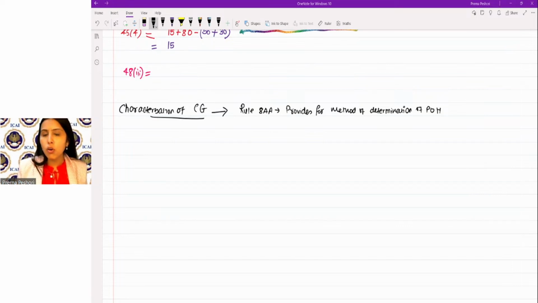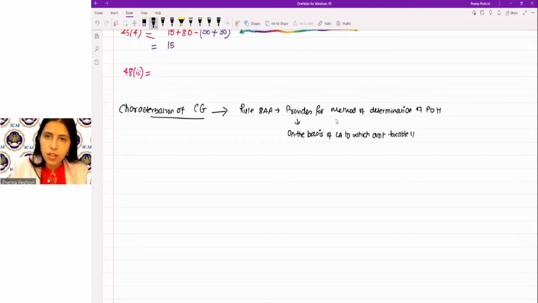This is on the basis of the capital asset to which the amount taxable under section 45(4) is attributed.